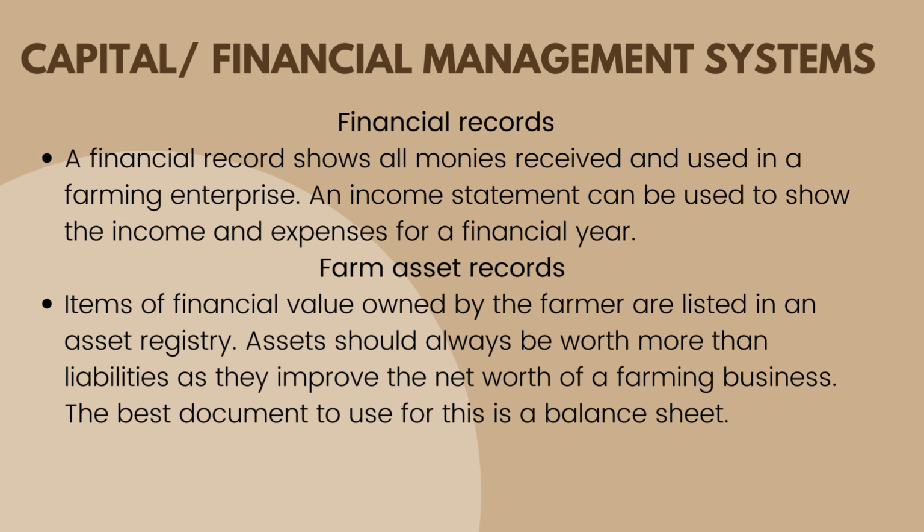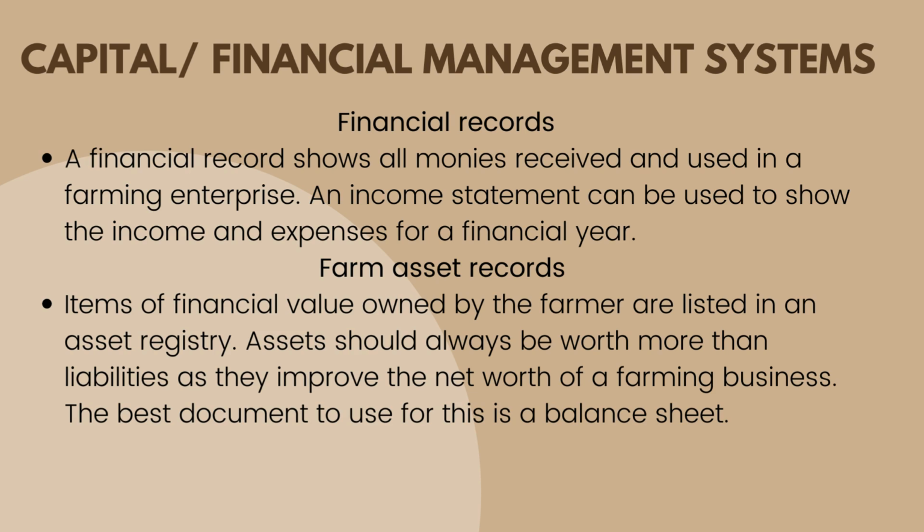We have touched a bit on this. Now, when we're talking about fixed capital, those are the long term: land, dams, buildings, kraal, fences, borehole, windmill. Then we've got movable capital, which includes livestock, machinery, equipment, and implements.